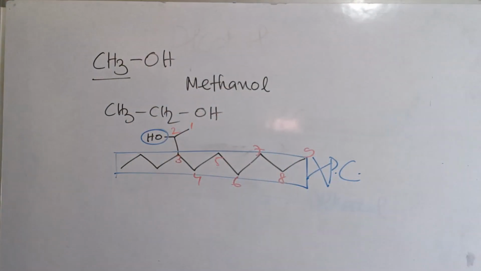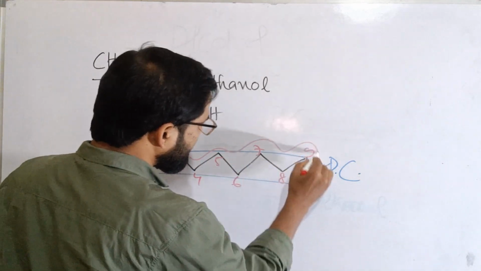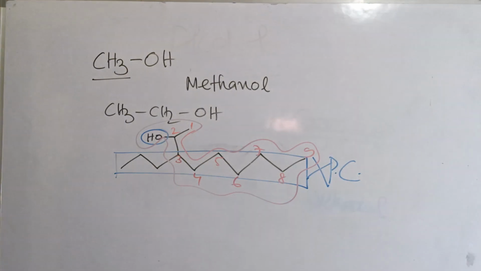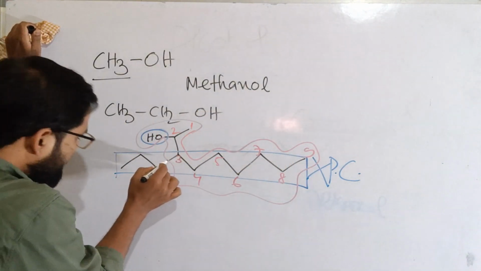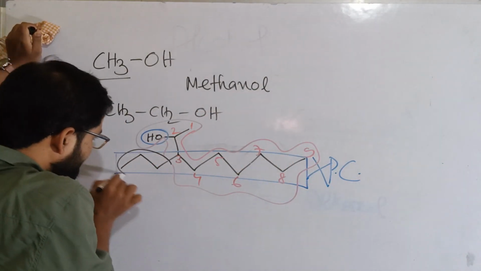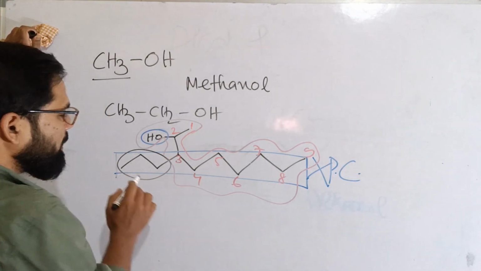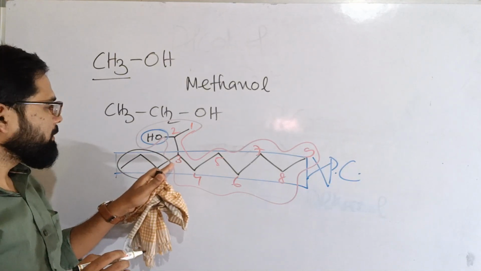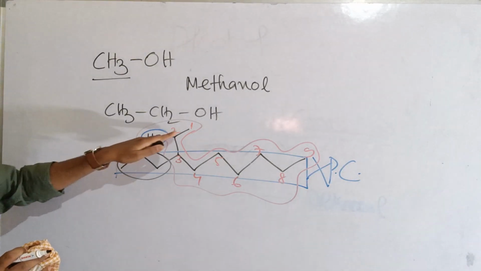Total 9 carbons. So that will be the parent chain, the red portion. Now, this is a branching or substituent. So 1, 2, 3 carbons, so propyl, at which position? Third position. And the functional group here, at which position? Second position.